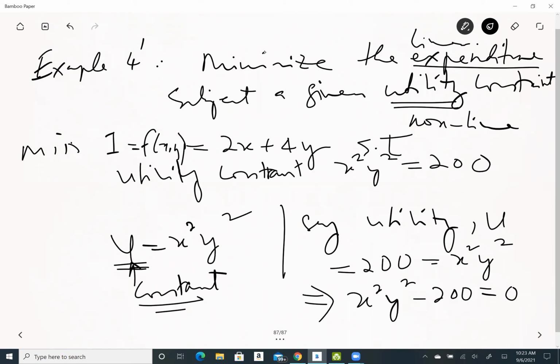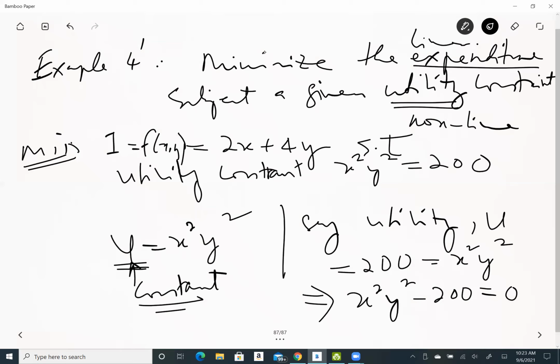So now your problem becomes a minimization problem. The constraint, the utility, is non-linear. The objective, our expenditure or income, is linear. So nothing different.